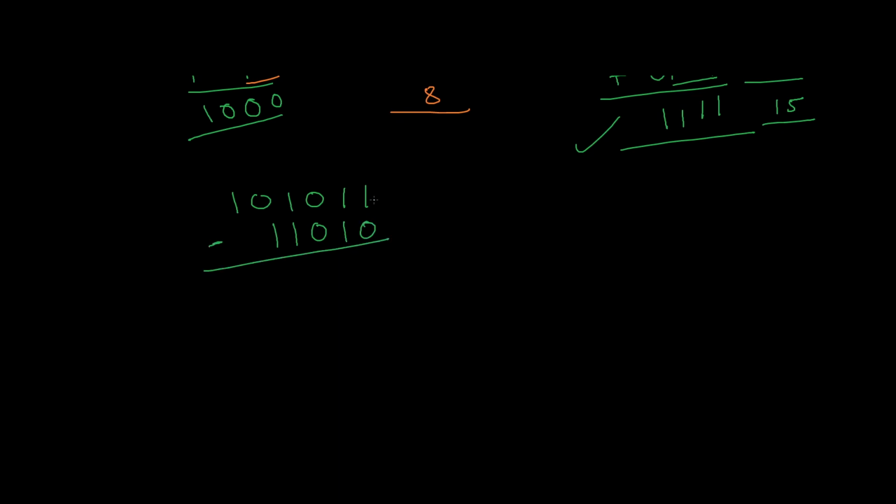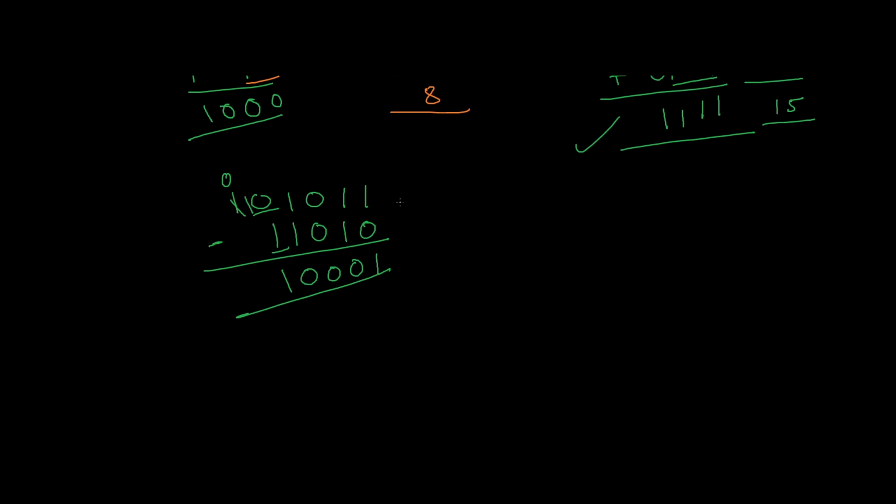If you subtract this, 1 minus 0 is just going to be 1. 1 minus 1 is going to be 0. 0 minus 0 is going to be 0. 1 minus 1 is going to be 0. 0 minus 1 actually works the same way it works in decimal, so I carry over this here, and 1 minus 1 is equal to 0. So now I'm subtracting 1 from 2, which is just equal to 1, and this is my answer.